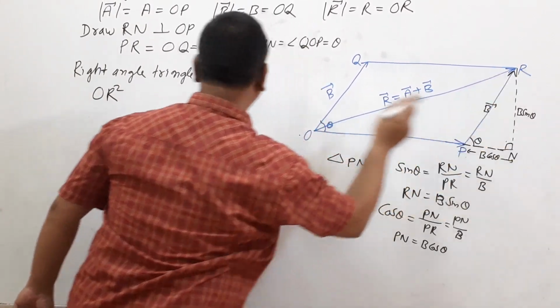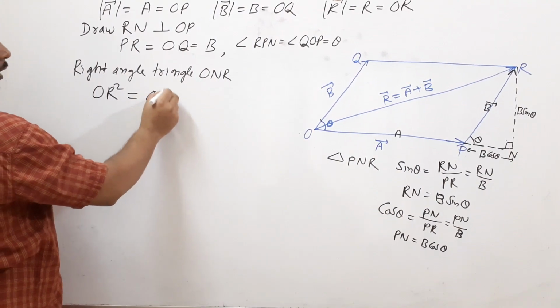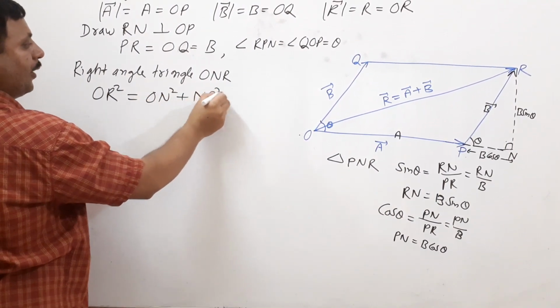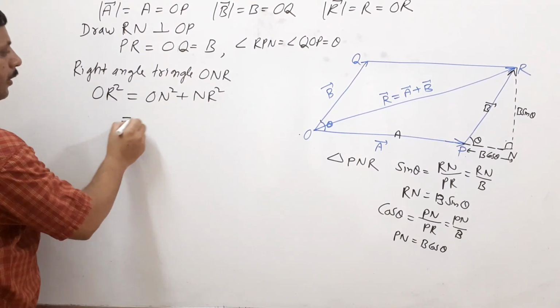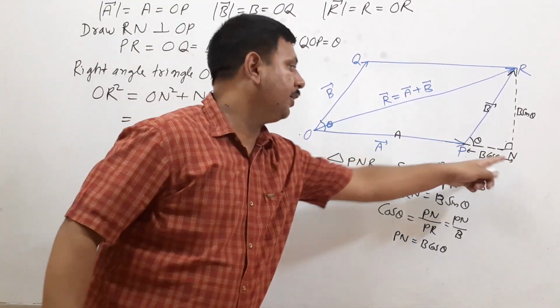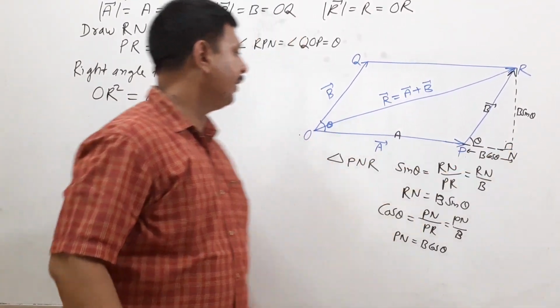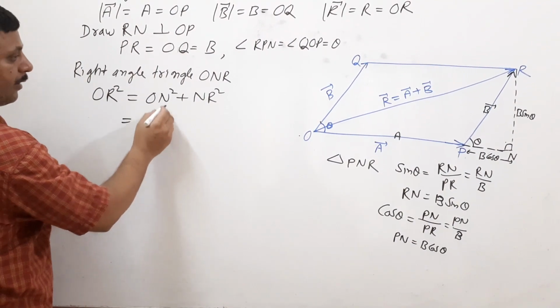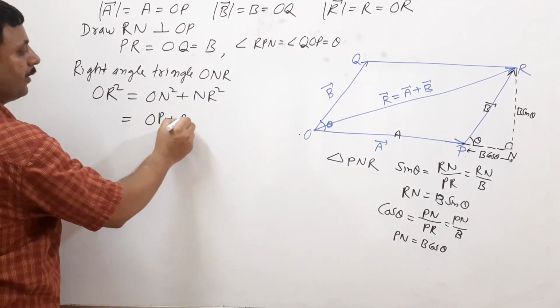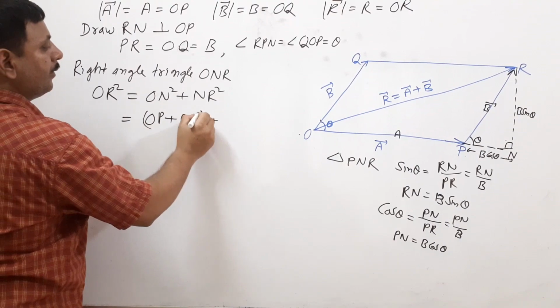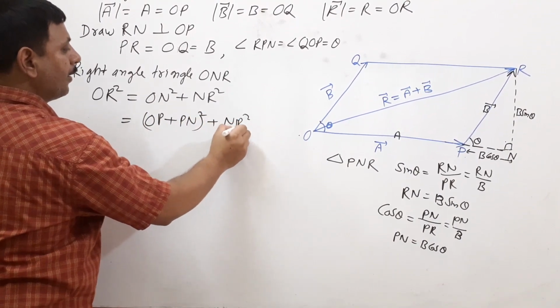ON square plus NR square. What is ON? ON is OP plus PN. In place of ON we will write OP plus PN, whole square, plus NR square.